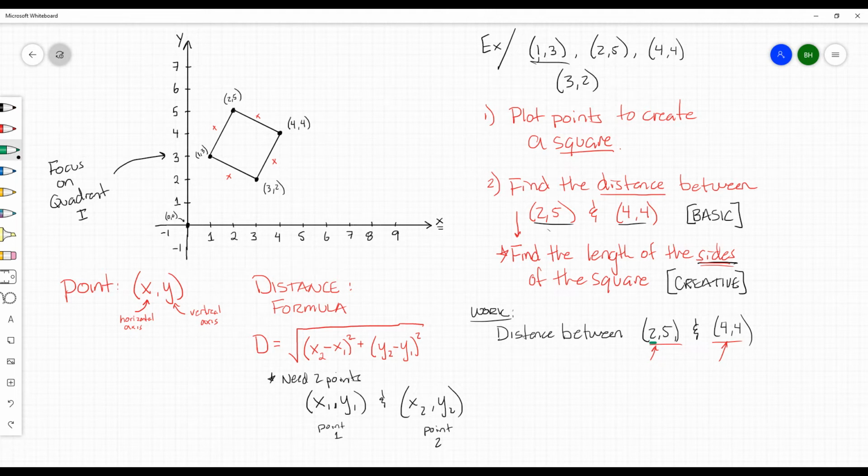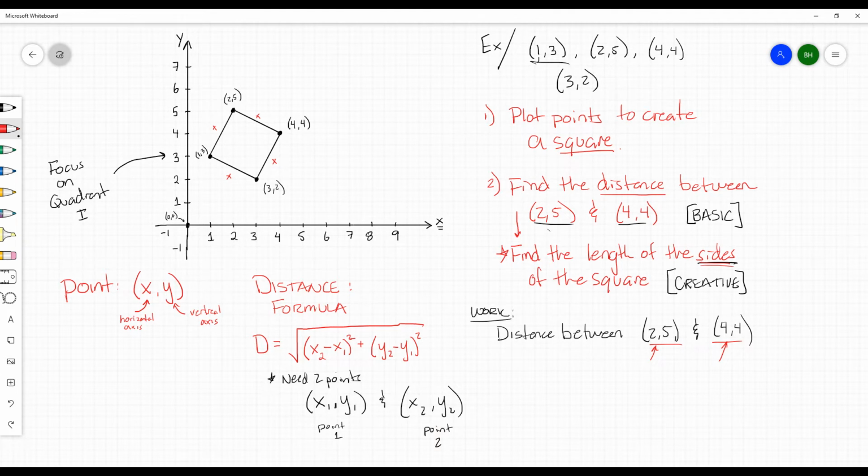We have a value of 2 and we have a value of 4. So in this equation, we need to distinguish which one is going to be which in the problem-solving process. If you notice, we're referring to the second point first, using both of these differences within the parentheses, and then we're going to subtract that with the values of the first point.